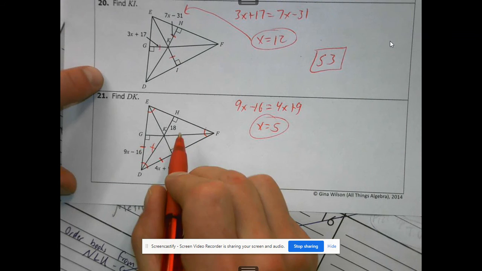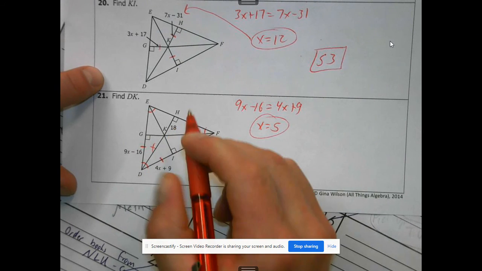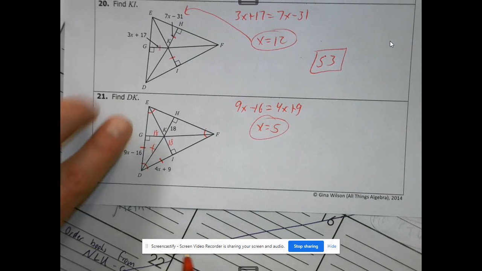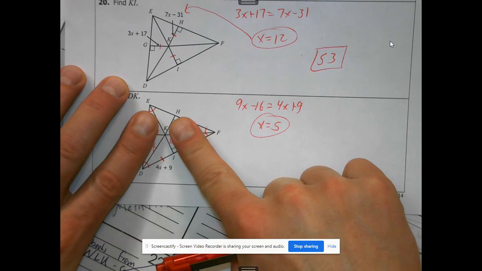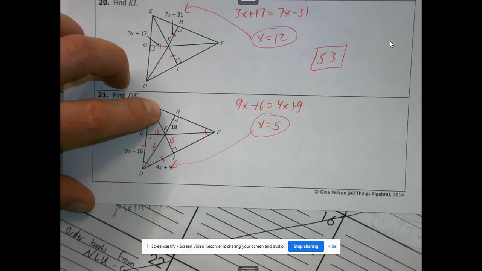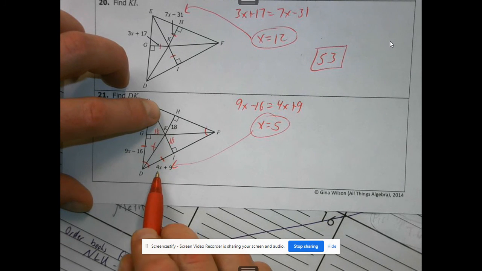All right. All these pieces in the center are 18. So that's 18, that's 18, that's 18. Well, Pythagorean theorem, there's a triangle right there. Take that 5, plug it in here so we get some distance. If you plug it in there, 4 times 5 is 20, 29.